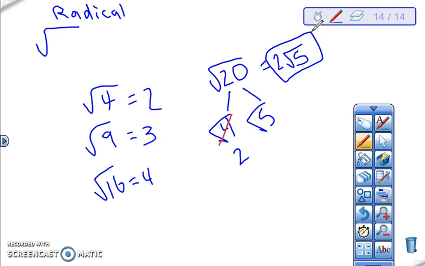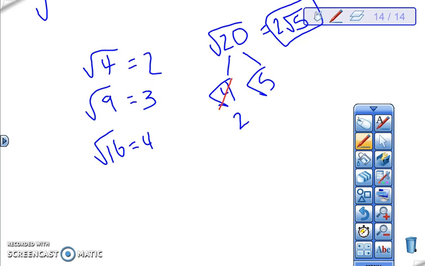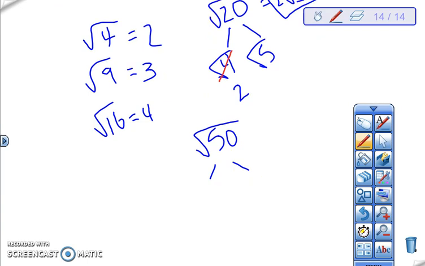And we can do that with pretty much any number as long as that number divides by something that has a square root. So another example would be the square root of 50. Again, I need to think of things that have square roots that can multiply to make 50. So I know 25 times 2 is equal to 50.